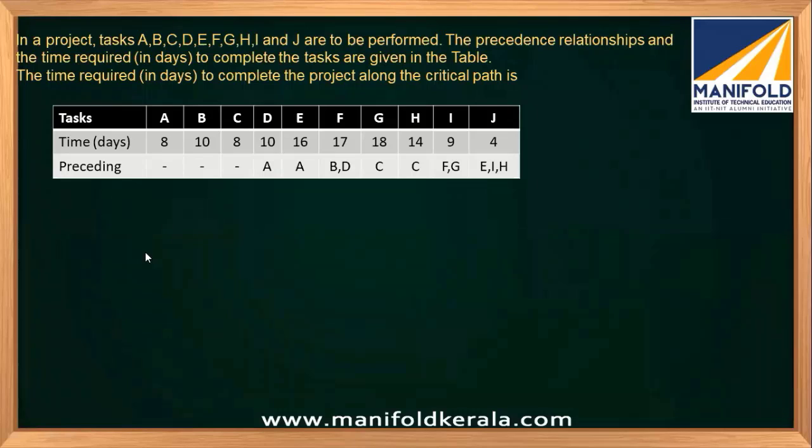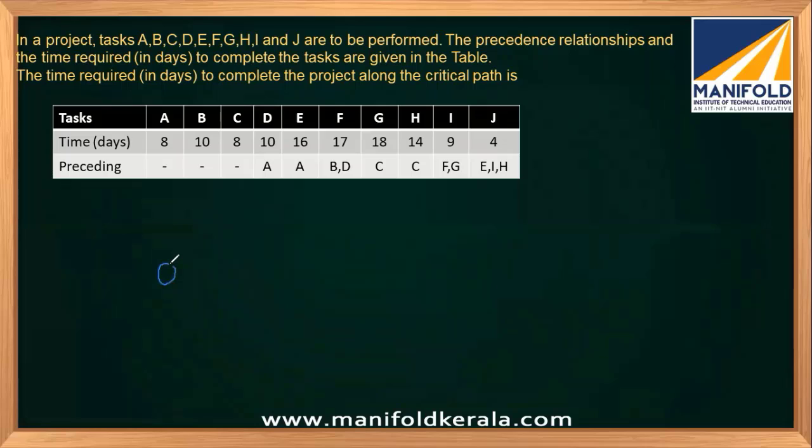Another straightforward question: calculate the time required for completion of the project using the critical path. What we need to do is just start drawing the network and find the critical path. That's all. A, B and C do not have any predecessor, so they start from the starting node.